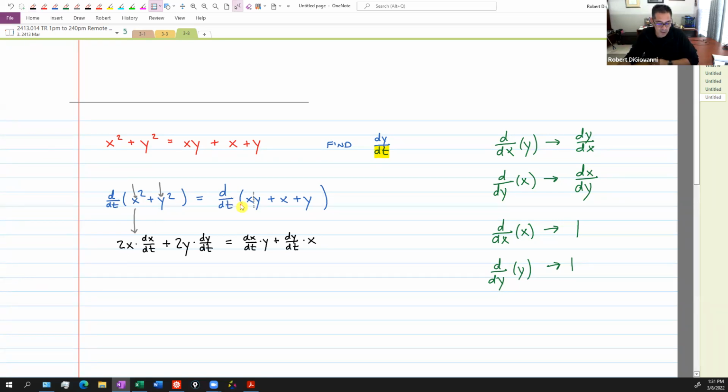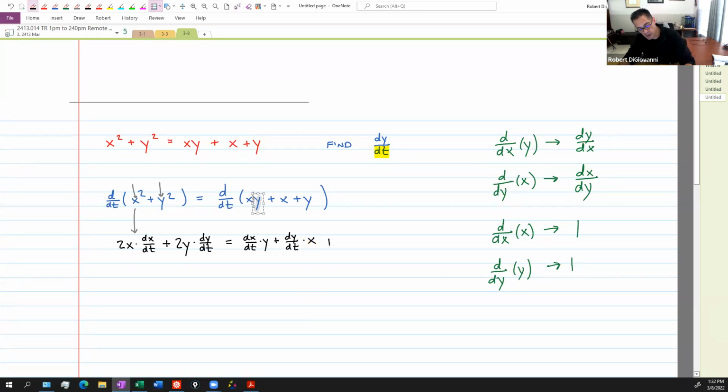Ash did the derivative of x with respect to t, which is dx dt, times y. So doing the product rule here, right? Derivative of the first one times the second, that's this. Plus, continue the product rule: derivative of the second one. Well, the derivative of y with respect to t is actually dy dt, right? It's not 1. And then times the first function.